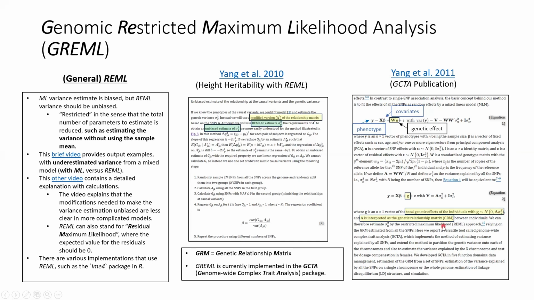And this A is the genetic relationship matrix, which is an estimate of relatedness between the different individuals who each have their own genotypes. And so the point is, this is describing how you can relate the regression model to the GRM and the genetic variance that's being estimated.